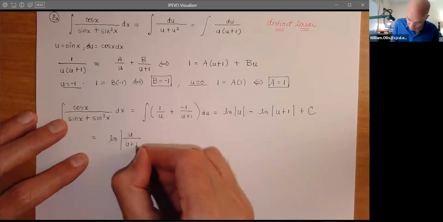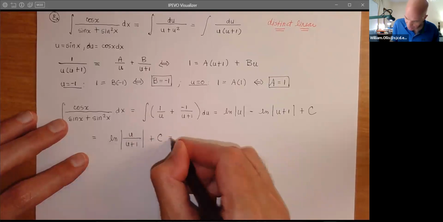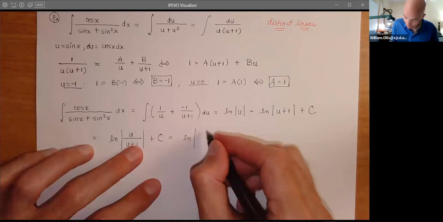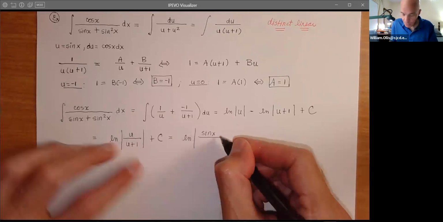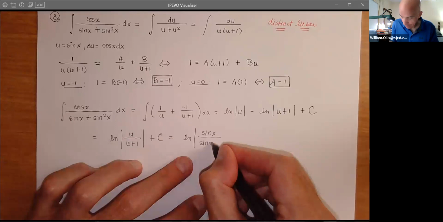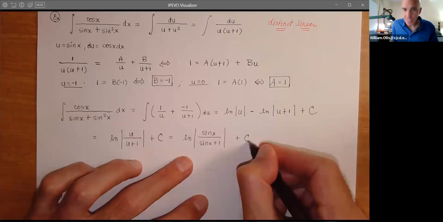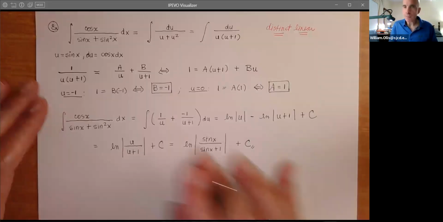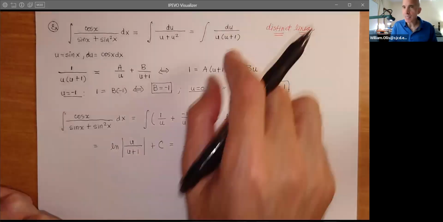So we have natural log, and then we've got sine x over sine x plus 1. So that's a very elegant rendering of a problem that, again, utilizes a very simple technique.